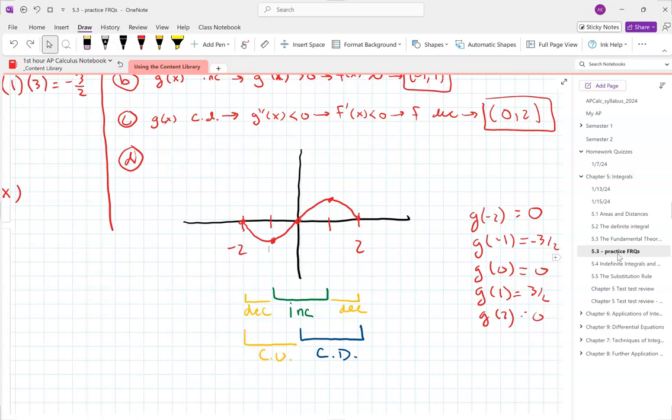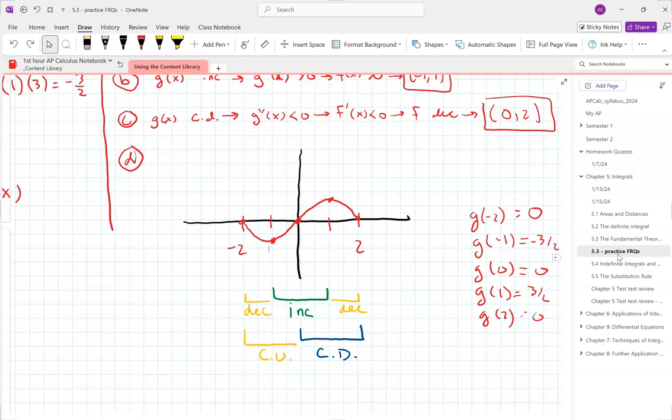If it's definite or indefinite, we haven't talked about what indefinite means, but it's basically just doing the antiderivative and not plugging any numbers in. And then we'll talk about the U substitution here in section 5.5. That's another integration technique for problems that would have required a chain rule derivative. To undo a chain rule, we're going to use something called U substitution. We'll show you how that works in 5.5.